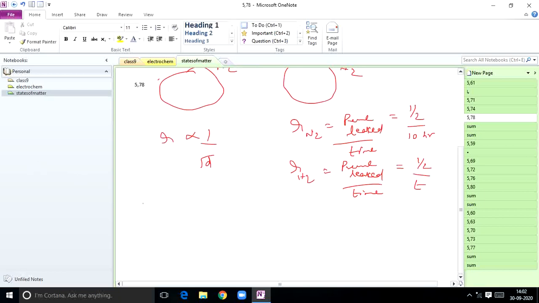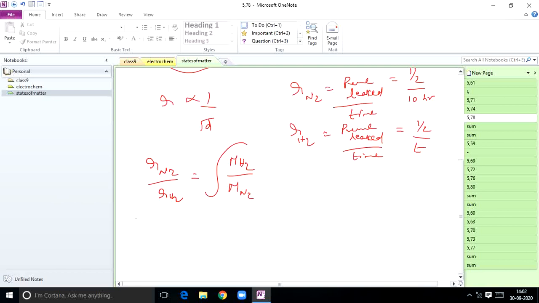Okay, so rate of diffusion is inverse. Rate of diffusion of nitrogen by rate of diffusion of hydrogen is equal to square root of molecular mass of hydrogen divided by molecular mass of nitrogen. Substitute here. So rate of diffusion of nitrogen means here 1/2 by 10, 1/2 by T is equal to square root of 2 by 28. So that is equal to square root of 1/14.